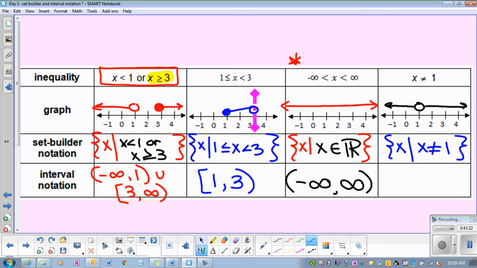And then interval notation. Well, let's see. There's an arrow going to the left. Where's that coming from? Negative infinity. And then it stops at where? At 1, because there's an open circle there.